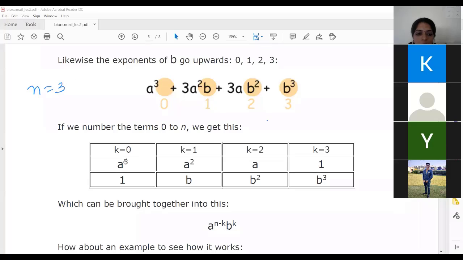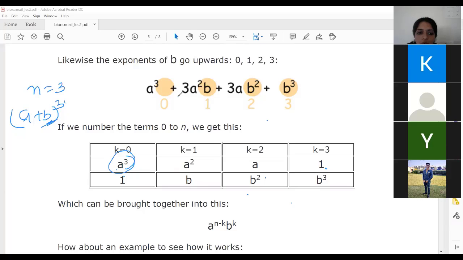It means your power is a plus b whole raised to 3. You have to direct your power of a as 3, then 2, then 1, then 0. And the power of b is 0, 1, 2 and 3. You get directly the power of both the terms.